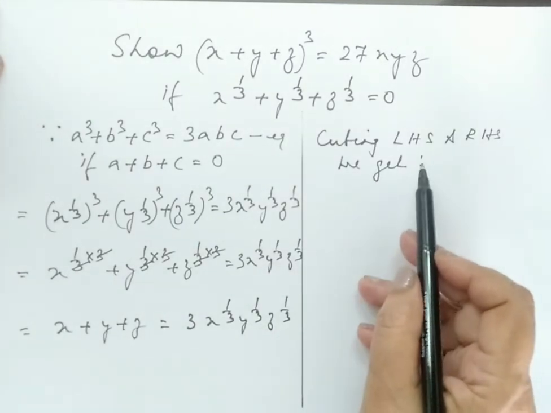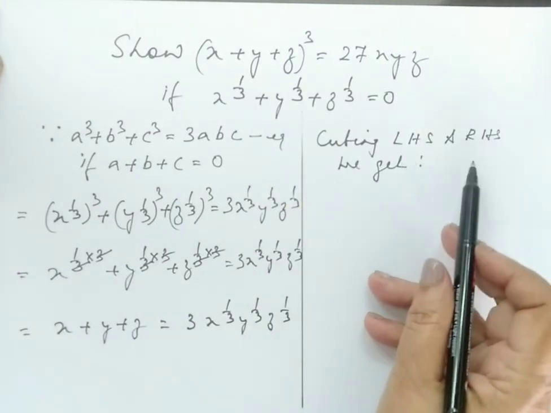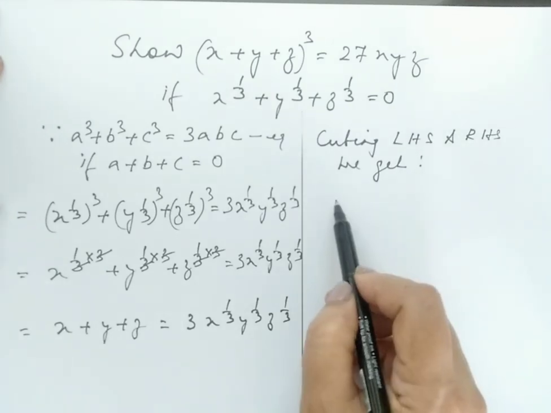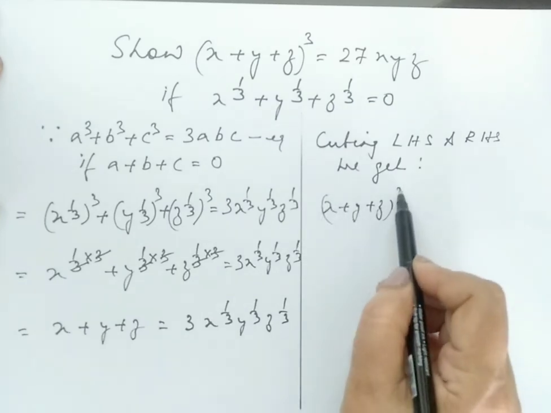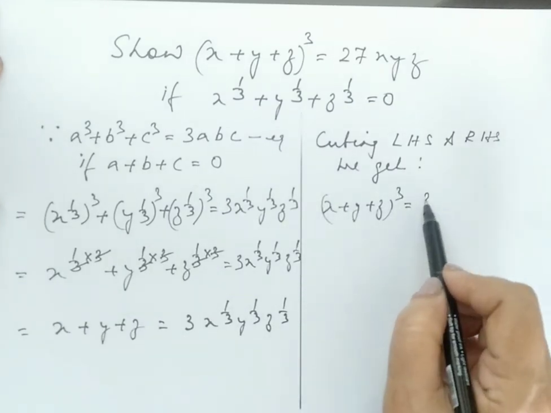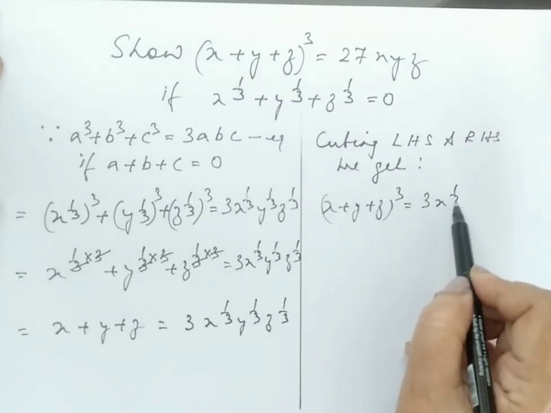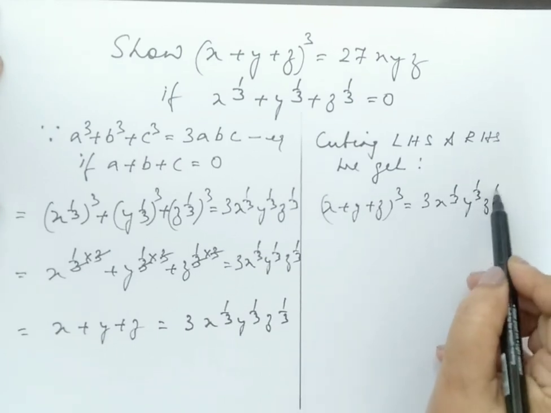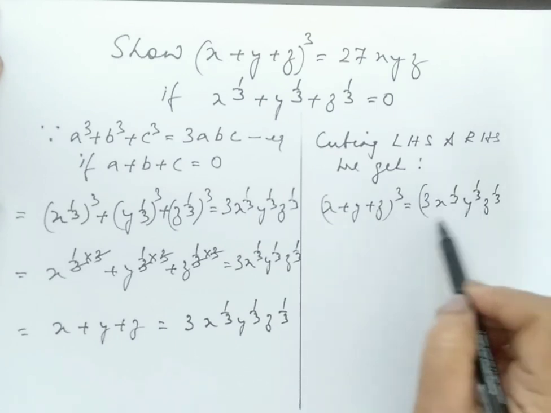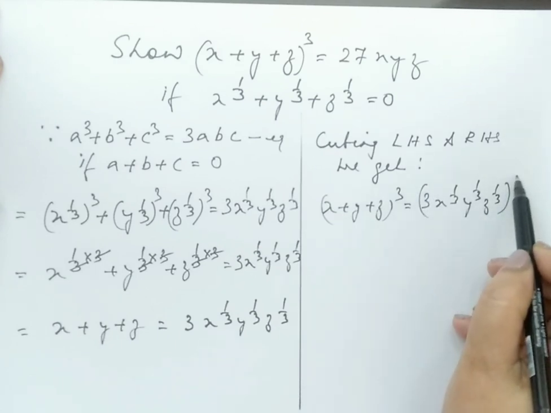So cubing the left hand side as well as the right hand side, we'll get (x + y + z) whole cube and (3 x 1/3, y 1/3, and z 1/3) whole cube.